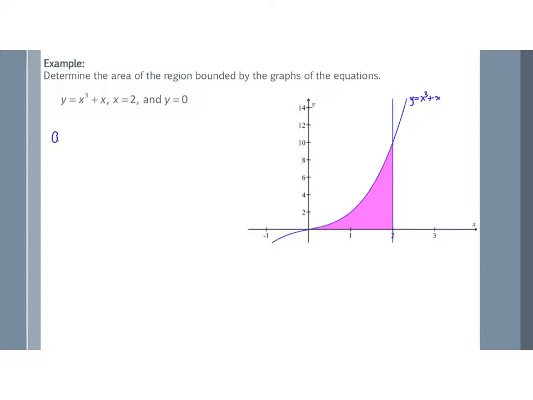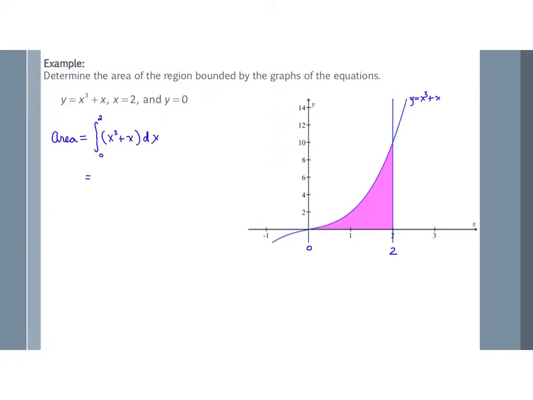So the area equals the integral of x cubed plus x dx, and then this corresponds to the limits of integration 0 to 2.